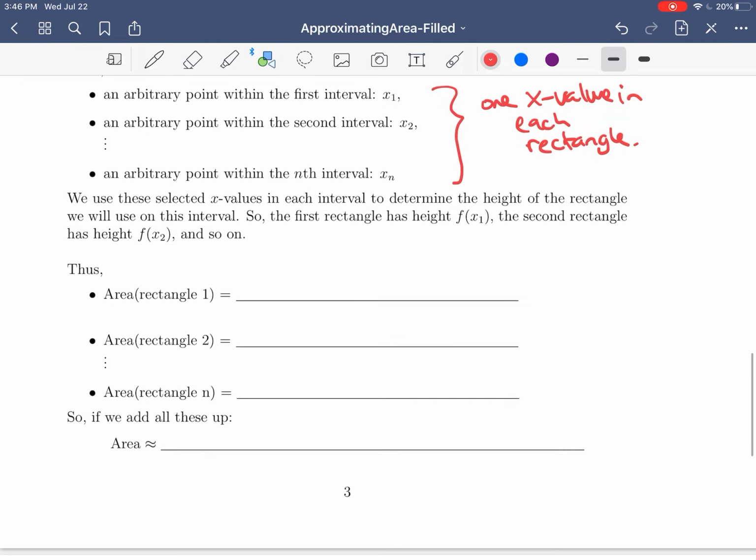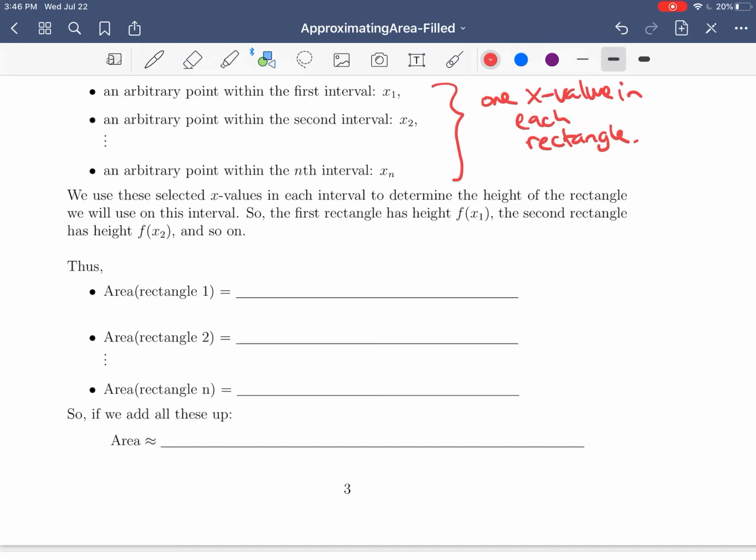Then we're going to compute the area for each rectangle. So the area of rectangle 1 would be delta x, so the width, times the y value of the x point that we picked.